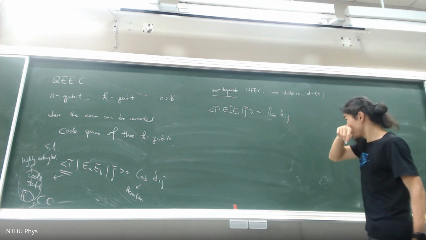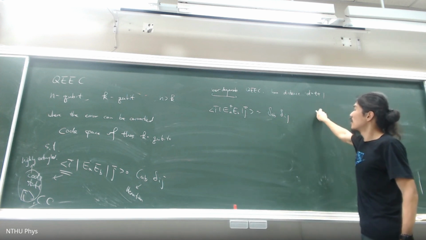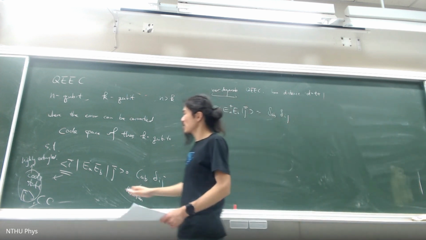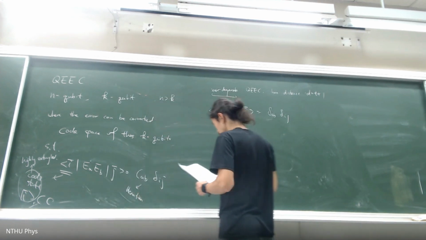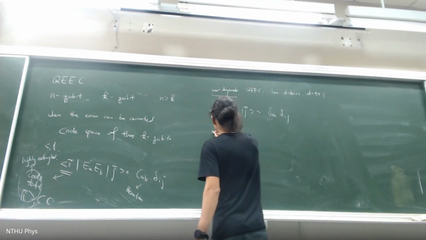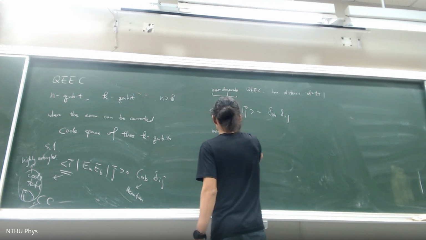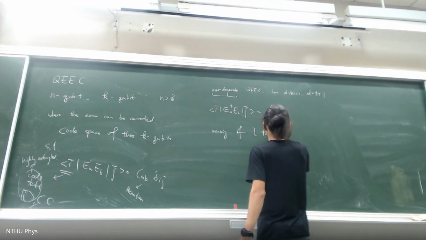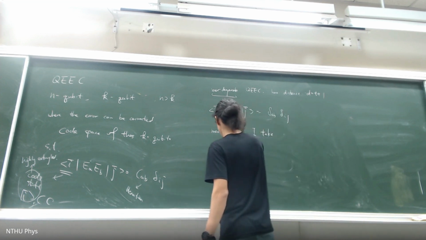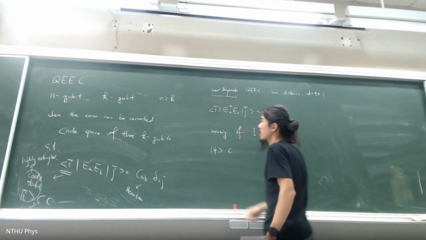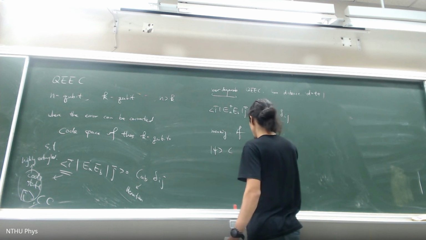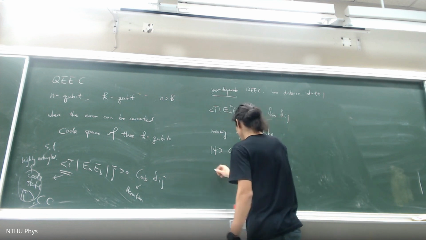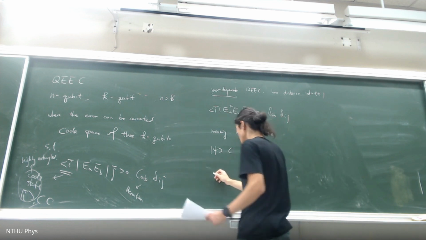Then I want to show you this corresponding state is highly entangled. Meaning if I take a k-qubit state that belongs to the code space, then I can perform a partial trace.